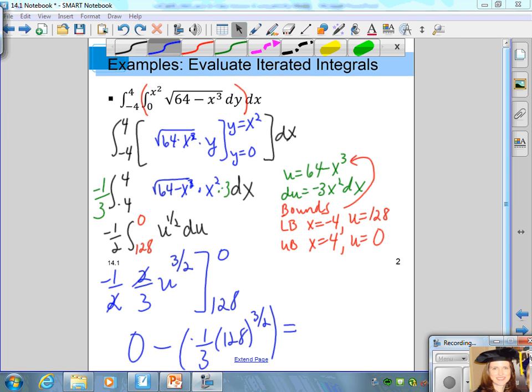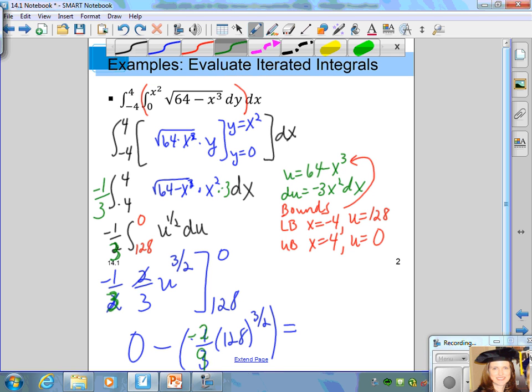Okay, I just realized I made a mistake here. Did you catch what I did? This -1/3, I ended up copying it down as a -1/2. So I apologize for that mistake, and that does change our answer here. It doesn't cancel out, but this should be a -2/9.